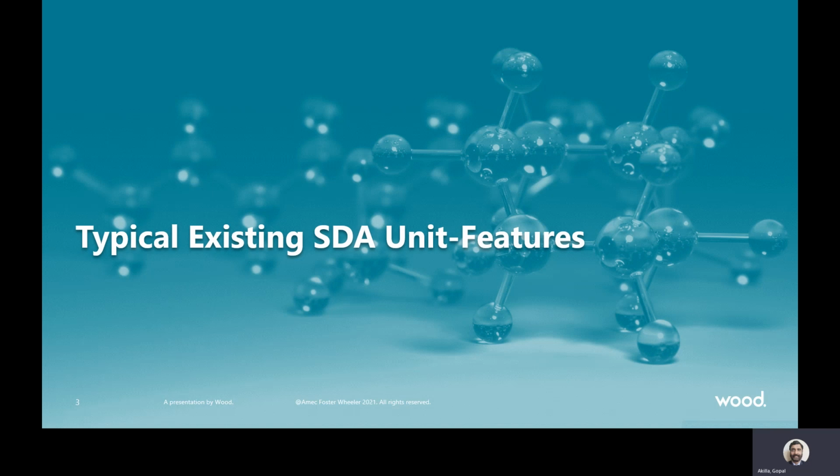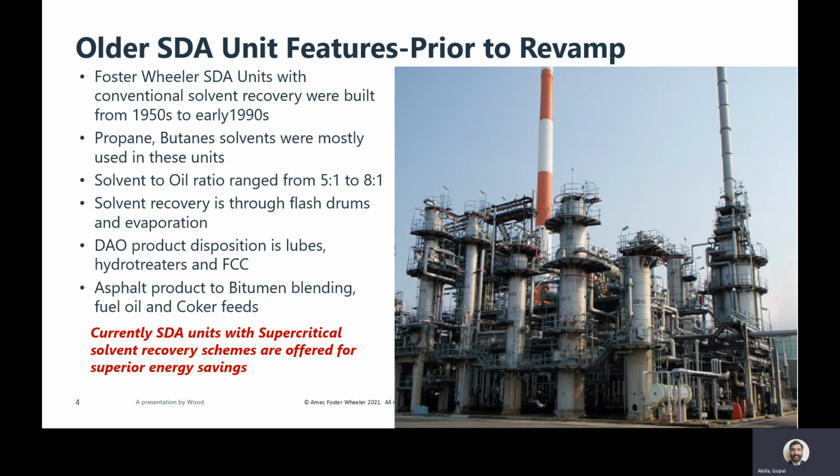Typical SDA unit and its features. A brief overview of the older SDA units. First-wheeler SDA units with conventional solvent recovery were built from 1950s to early 1990s. Propane-butane solvents were predominantly used in these units.